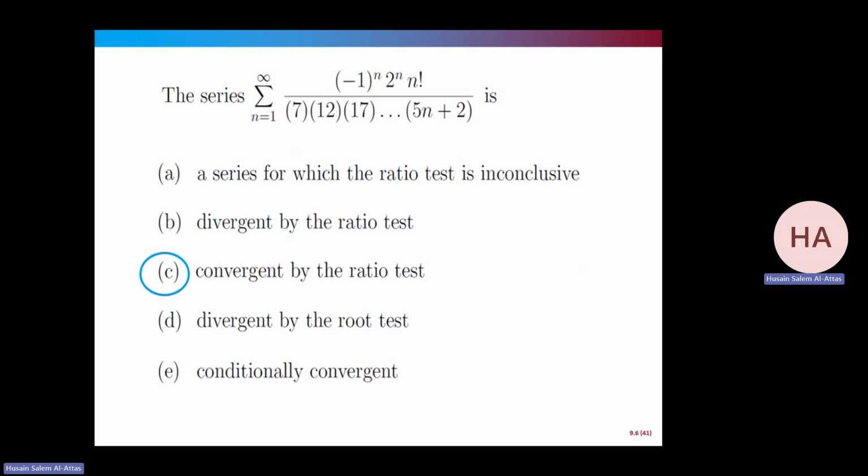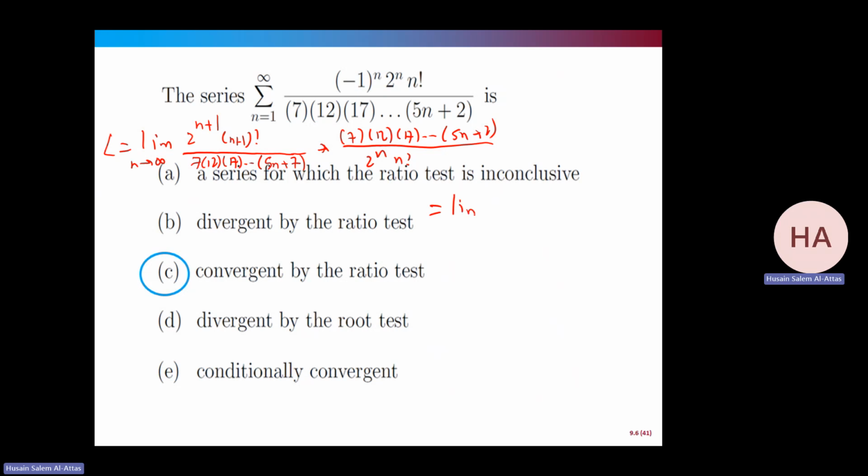Yeah, this is very clear. I need the ratio test. Forget about minus 1 to the power n. That will be 2n plus 1, n plus 1 factorial over 7, 12, 17 times. This is n plus 1, so I have 5n plus 7 times the reciprocal of this over 2 to the power n factorial.